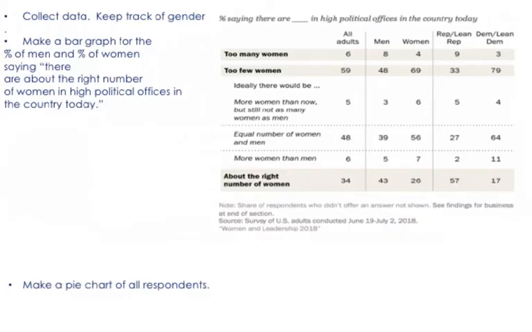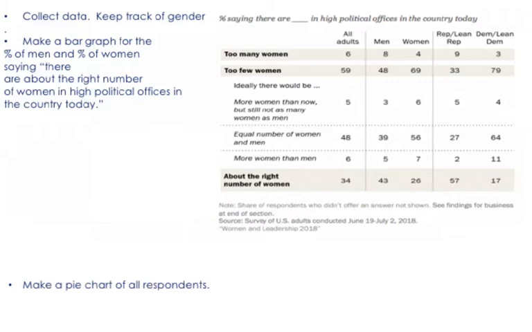Okay, so now let's look at this one. This chart looks a little confusing. There's a lot going on. This is the percent of people saying there are too many women, too few women, or about the right number of women in high political offices in the country today. And you can see that they're in different categories.